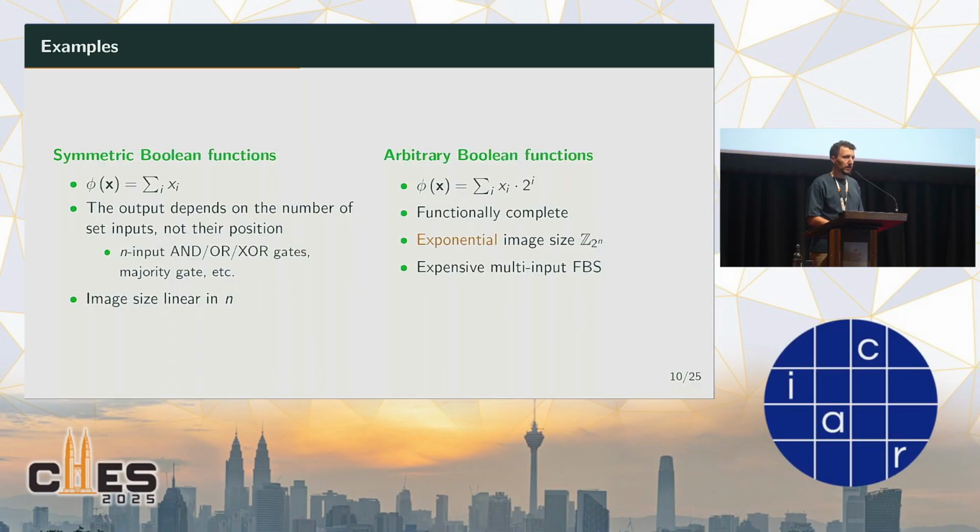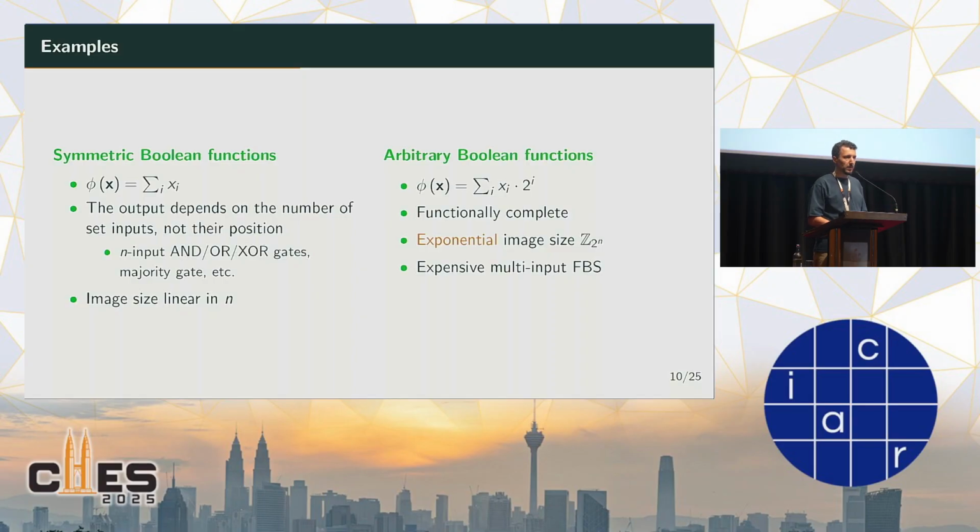For example, you can have linear combinations as a function of the function you want to evaluate, using the same word twice. You can evaluate symmetric Boolean functions with a functional bootstrapping of size n.